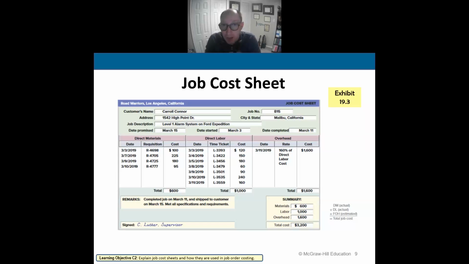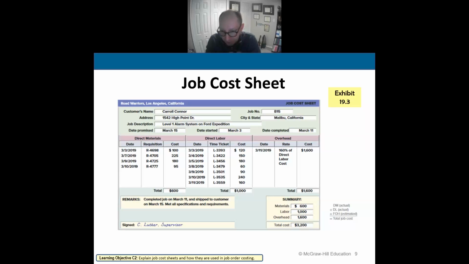So the total job order cost sheet is all of the direct materials used for the job, all of the direct labor used for the job, and the application of the factory overhead. So we add up all of our direct materials plus all of our labor used for this job plus the overhead applied equals the total cost of the job.